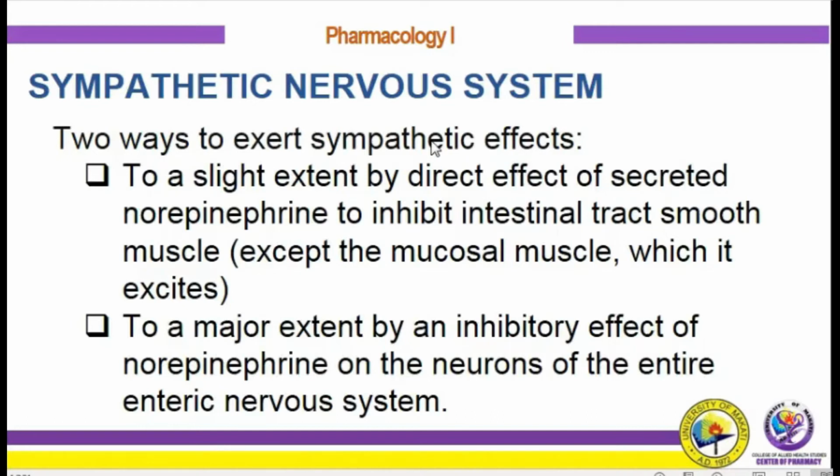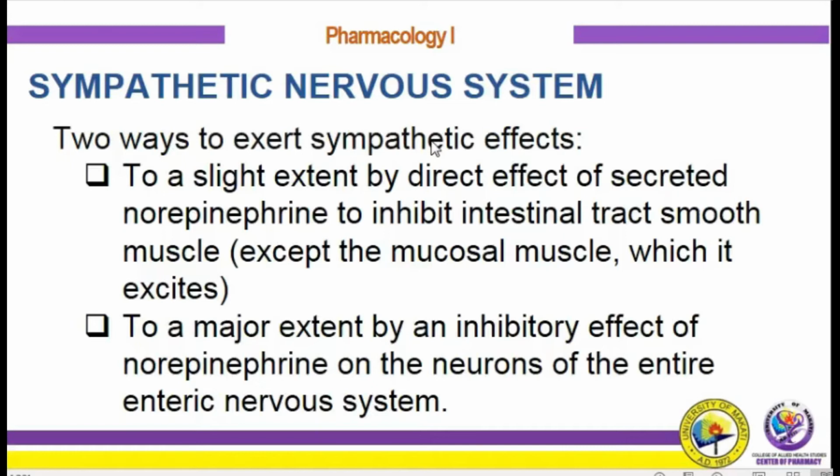So the stimulation of the sympathetic nervous system inhibits activity of the gastrointestinal tract, causing many effects opposite to those of the parasympathetic system. It exerts its effects in two ways. First, to a slight extent, by direct effect of secreted norepinephrine to inhibit intestinal tract smooth muscle, except for the mucosal muscle, which it excites.